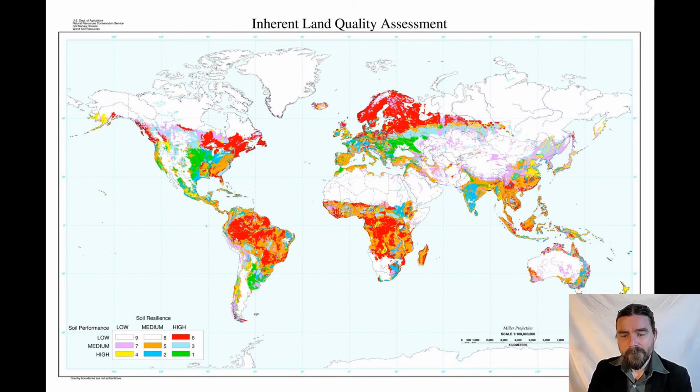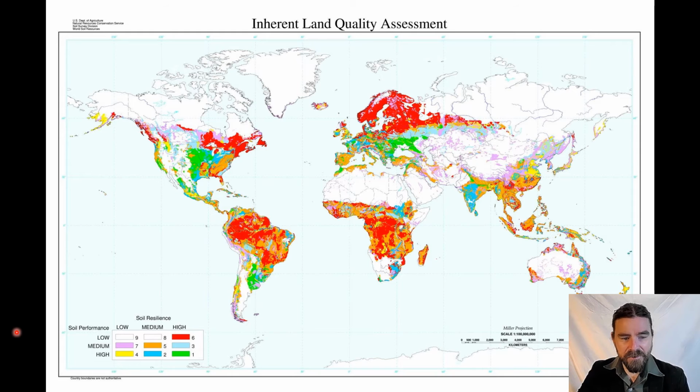There you go. So this is showing you all the different types of soils. All the stuff that's in white, very bad for farming, yeah. So like the center of Australia, not very good for farming. Northern Africa, not very good for farming. Why is it not good for farming here? There's a gigantic desert there.